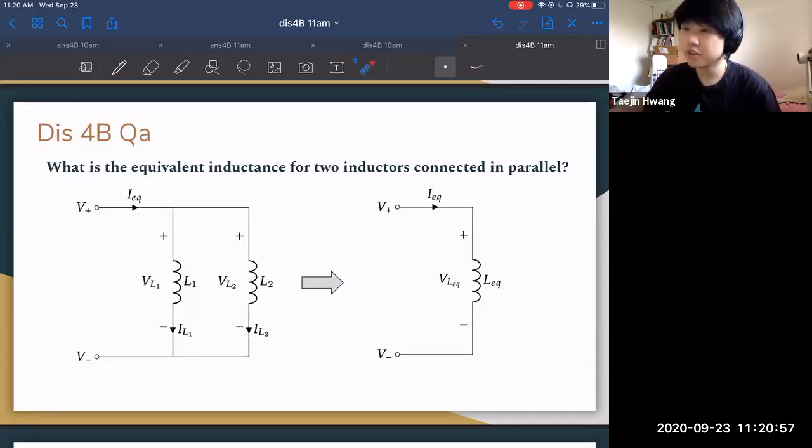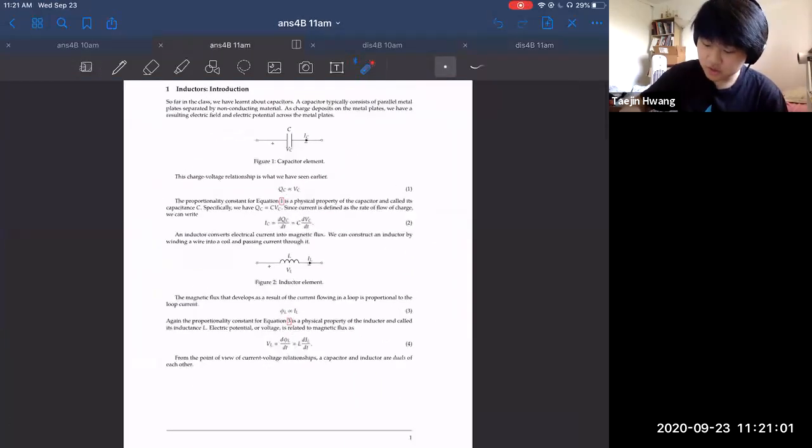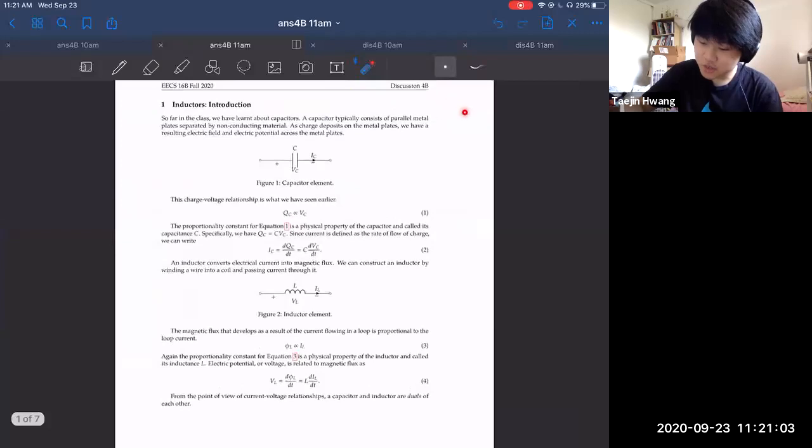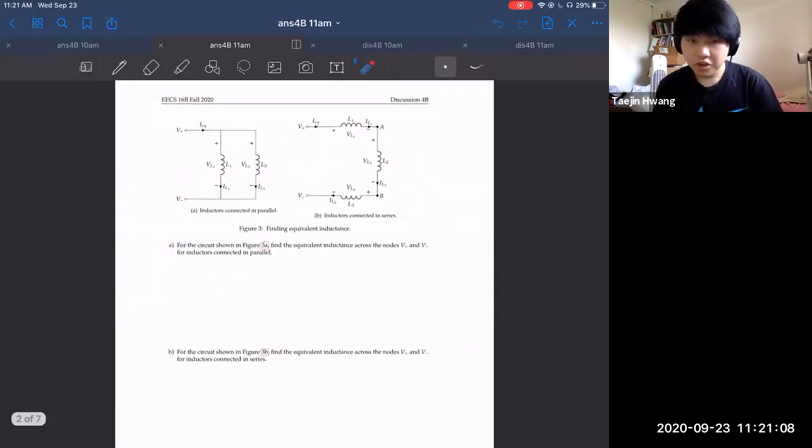We mainly talked about the note, or everything in the first page of the slides. And now we want to take a look at what happens when we put inductors in series or inductors in parallel.